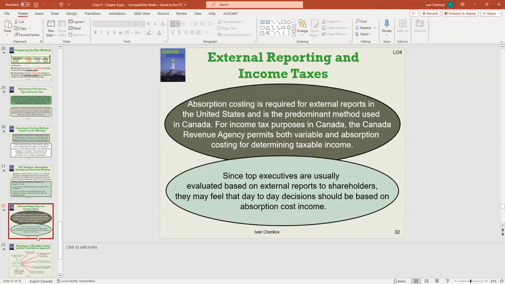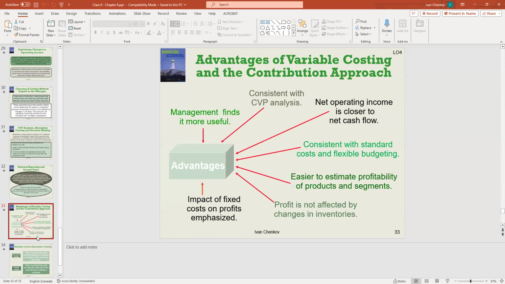Probably. What are the advantages? The advantages are management can find it more useful. We can apply cost, volume, and profit analysis. We can come up with the break-even, see where the break-even is. We can see where the margin of safety is. We can understand what's the contribution margin that is generated per selling of a single product.